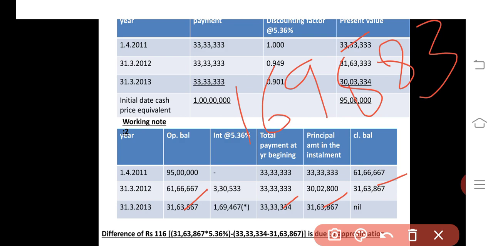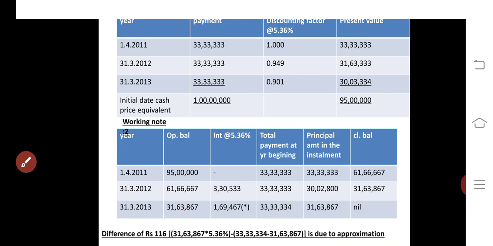Here is our note: the difference of rupees 116 is due to approximation. So now, because of approximation, that difference is there. So I hope this one is clear, right?